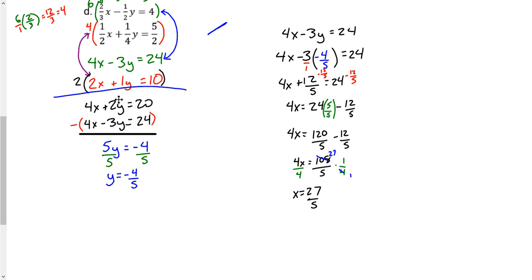And since x equals 27/5, I'm going to write down my answer. 27/5, comma, negative 4/5. And there's our answer. I'm always visually going back, double checking my work. And yes, we're good.